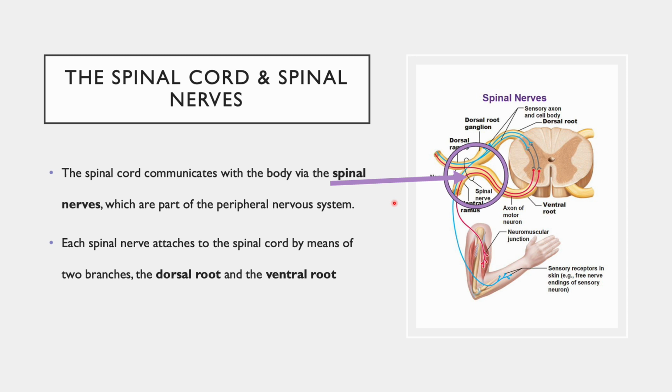Spinal nerves exit the spinal cord through these notches between each vertebrae of the vertebral column. And each spinal nerve attaches to the spinal cord by means of two branches, which we're very familiar with by now, the dorsal root and the ventral root.